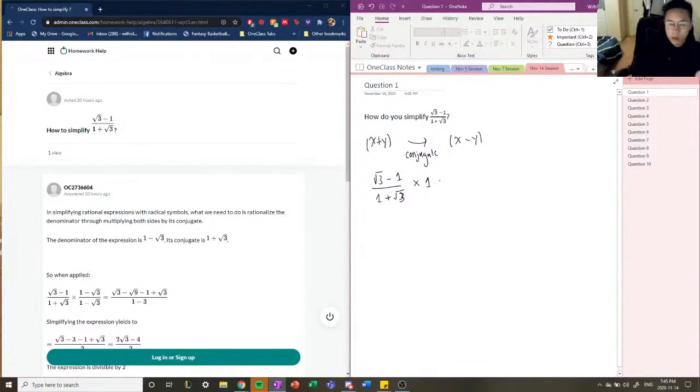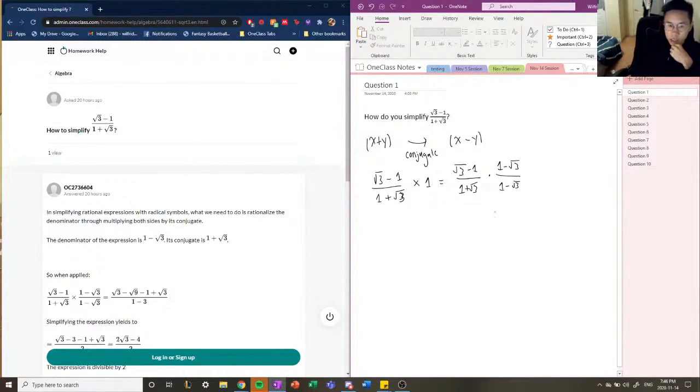However, we can express this 1 as 1 minus root 3 over 1 minus root 3. You see that this still equals 1, but we have cleverly changed the 1 to make it the conjugate on the numerator and the denominator.